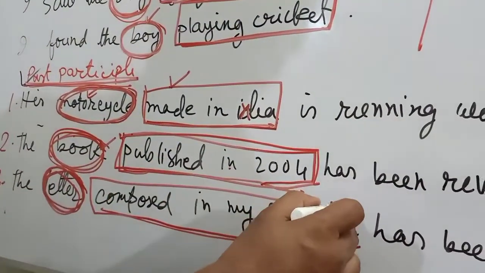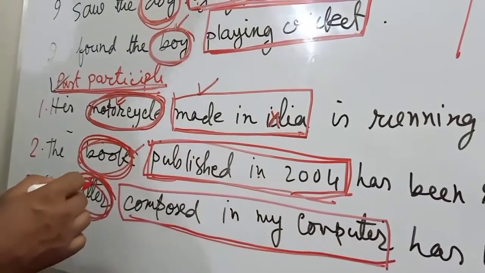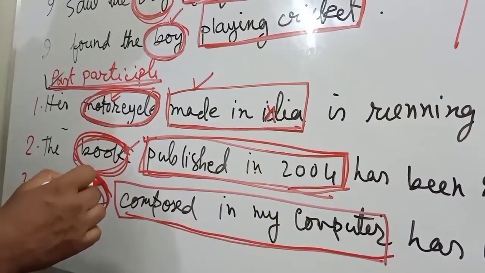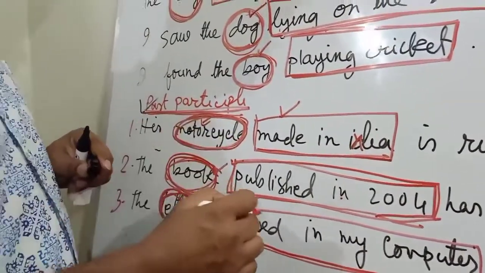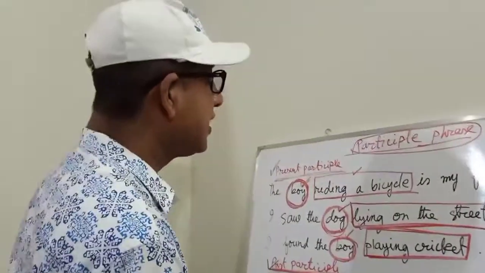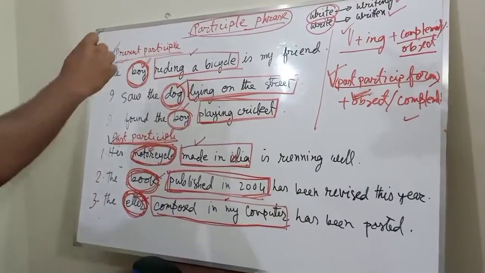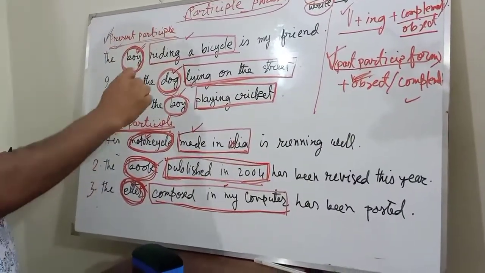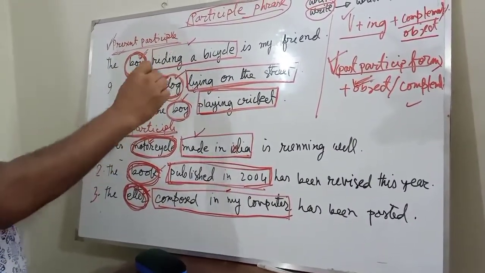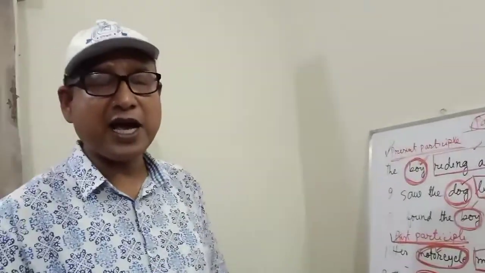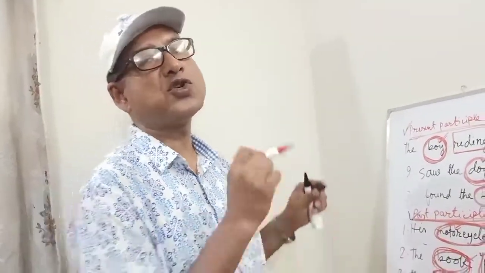This past participle phrase is modifying the word letter and is used as a post modifier. In all cases, present participle phrases and past participle phrases are here used as post modifiers.